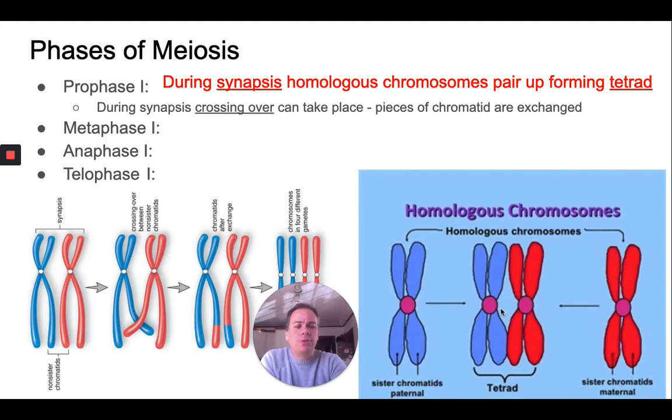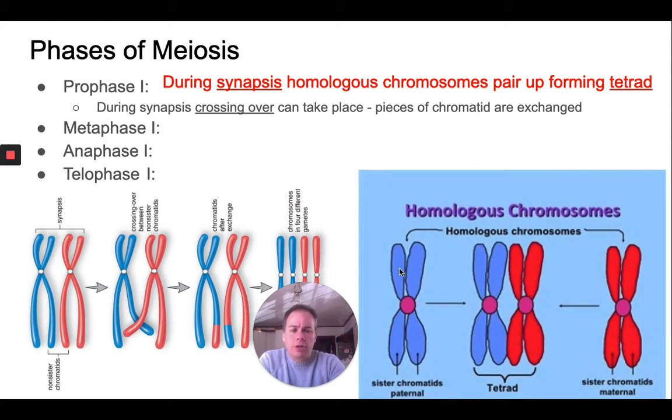When they do that, there's something that can happen. This group of two homologous chromosomes is formed from four what we call sister chromatids. Here, this blue chromosome has two sister chromatids. They are identical to each other.